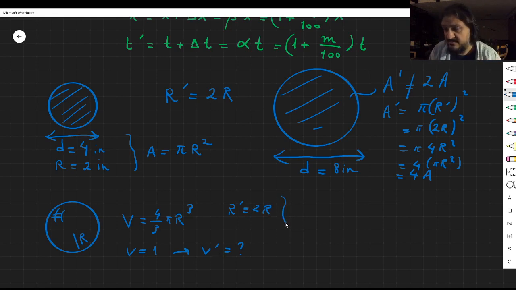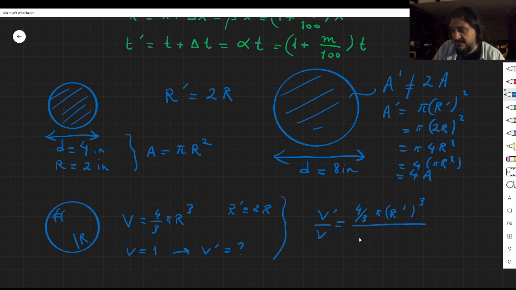Okay. So to solve problems like this, you have to write proportions using the formula. So think about V prime over V. What is it equal to? V prime, according to this formula, is equal to 4/3 pi r prime cubed, and V is equal to 4/3 pi r cubed. 4/3 cancel, pi's cancel, and you have r prime cubed over r cubed, or r prime over r to the power 3.